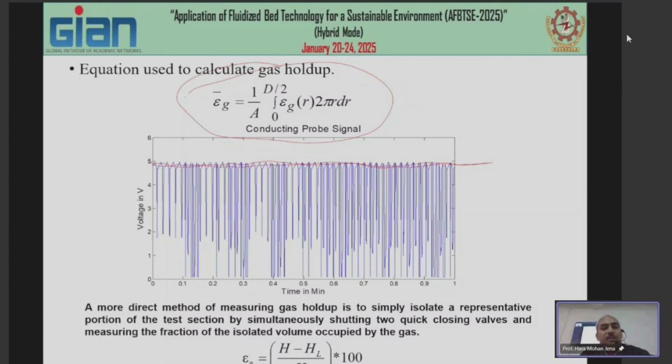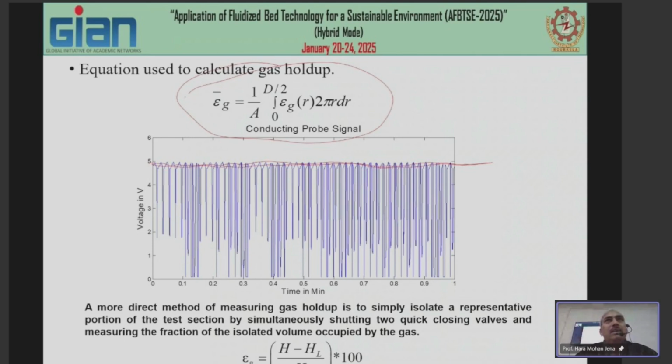Another more direct method is the phase isolation method, in which we simply isolate a representative portion of the test station by simultaneously shutting down two quick closing valves. If we install quick closing valves in the liquid line and the gas line, they can be closed suddenly, so that the flow of liquid and gas to the bed stops completely.